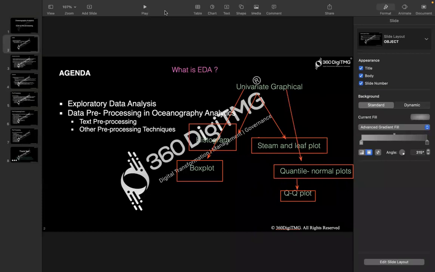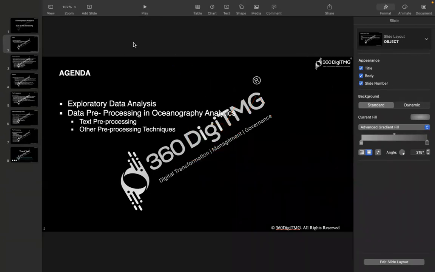For EDA, we need some tools. The tools will be Python or any language tool for analysis.